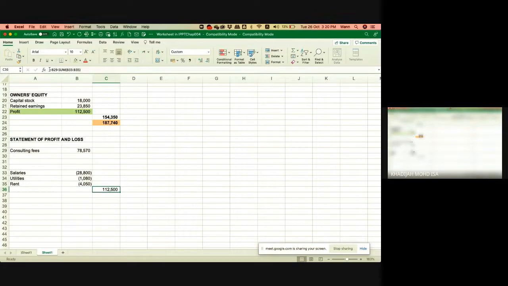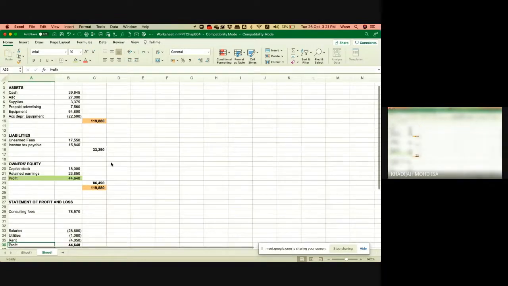So I can have it like this, total revenue minus all my expenses. Okay, should be 44,460. Right, so this is how you get your profit. Alright, so far you are following how I do my SOPL.